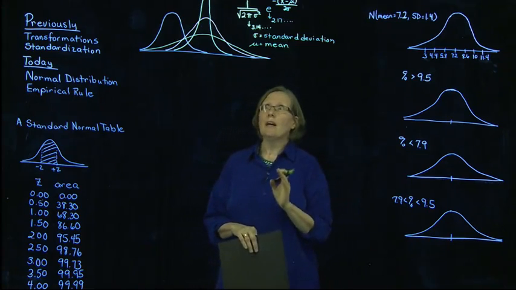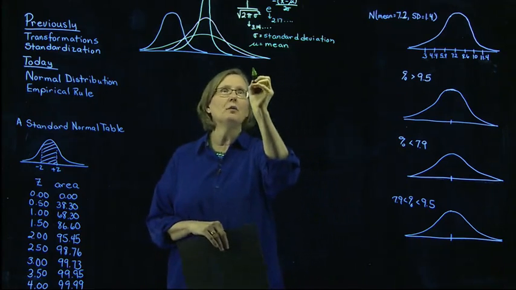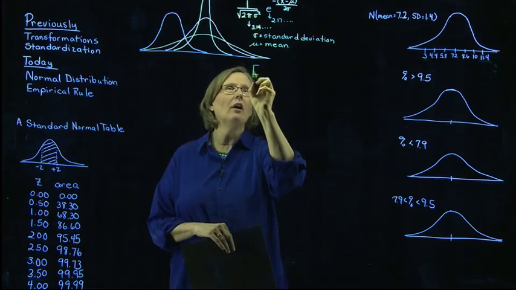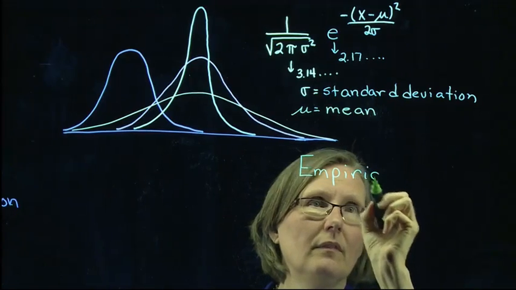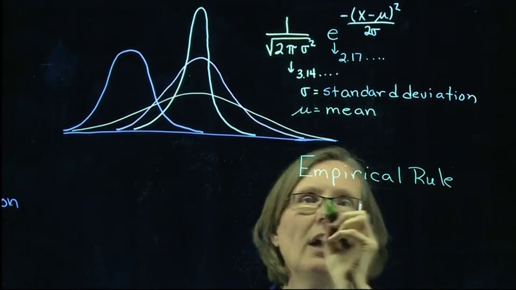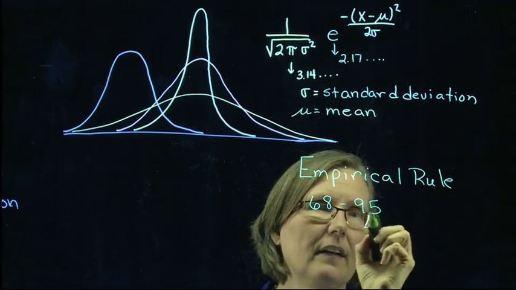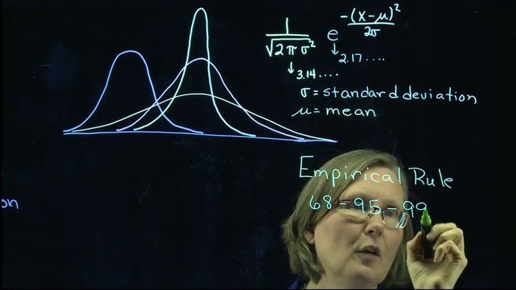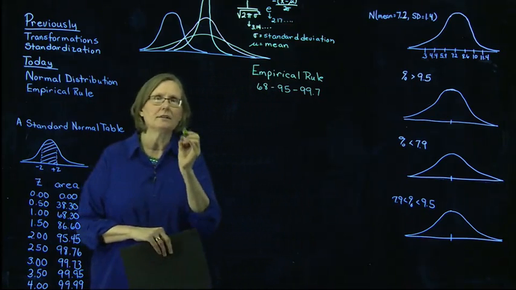Now, one of the very nice things about the normal distribution, and that I want you to remember, is something called the empirical rule. It's also sometimes called the 68, 95, 99.7 rule. And here's how it works.